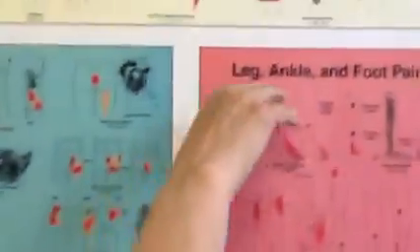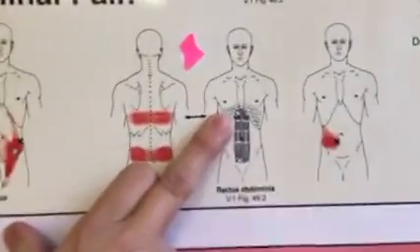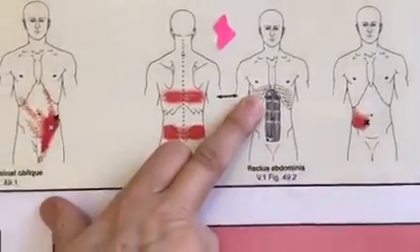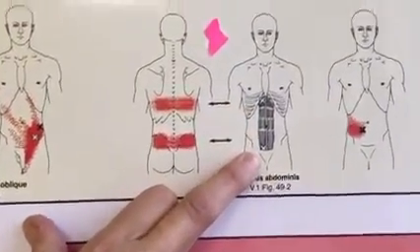So that would be the referred pain, and that's another muscle in the front that causes pain in the back. Here are the abdominals attaching at the xiphoid and at the ribs, and then down attaching at the pubis.